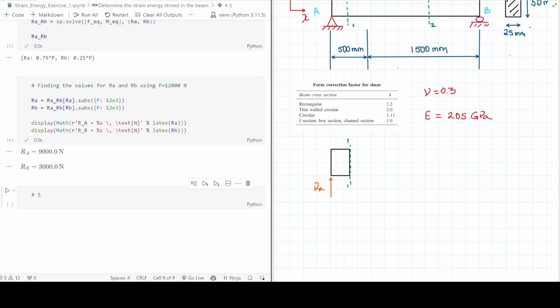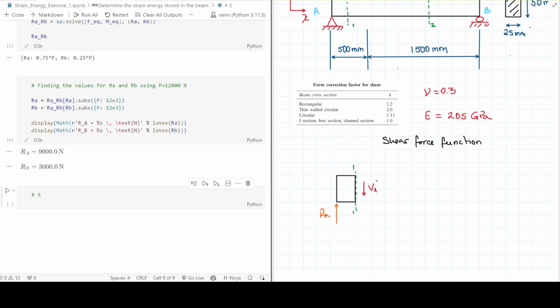And let me give this a title saying shear force function. So this is going to be the first part that I need to make a cut, just for the sake of reviewing this concept. When I make this cut, I'm going to have a shear force here, like this, V1.